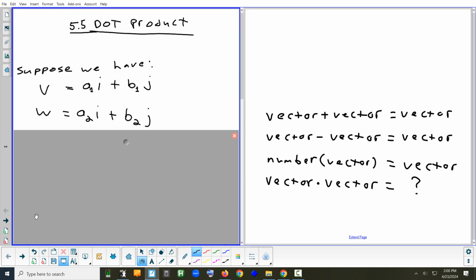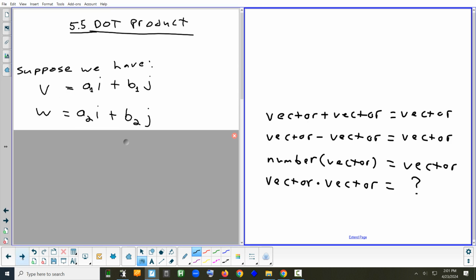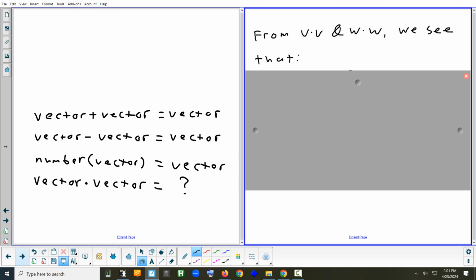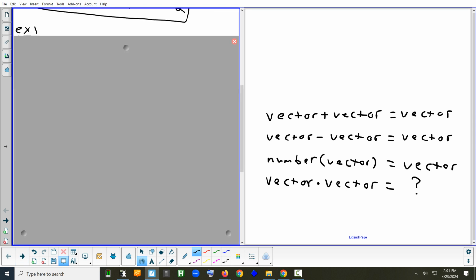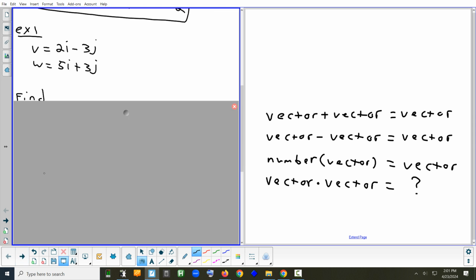All right, so let's say we had two vectors like that. Two vectors in unit vector notation. The A1, the B1, the A2, and the B2, those would all be numbers. When we do an actual problem, you'll have like a 2, a -3, a 5, and a 3.